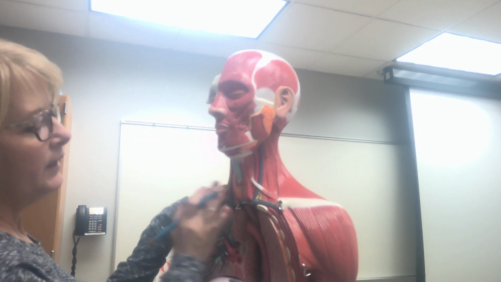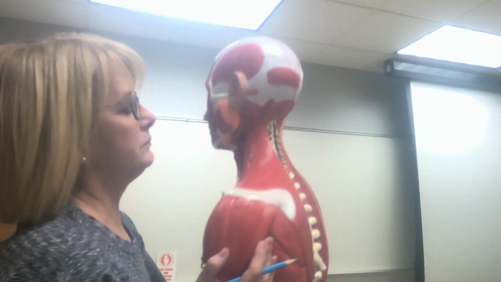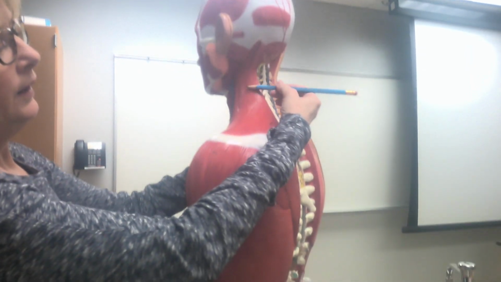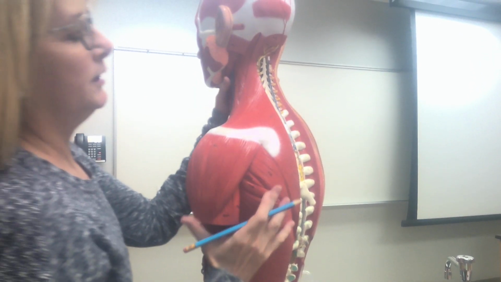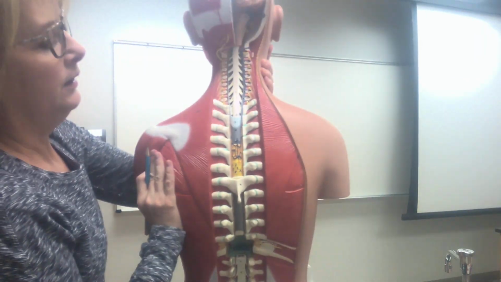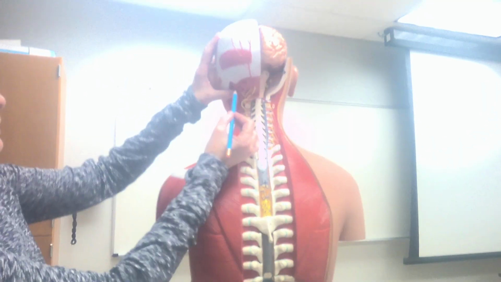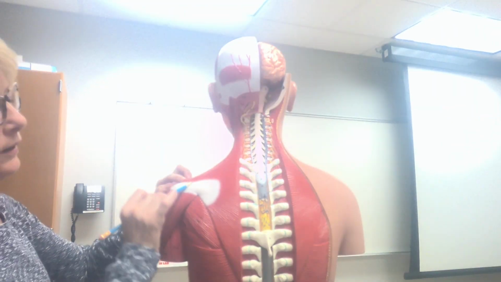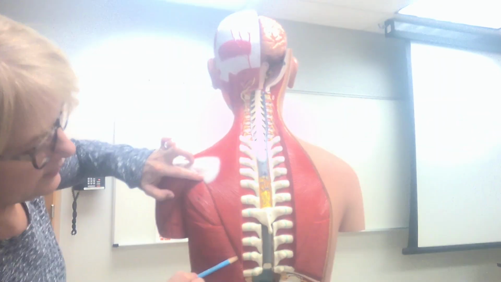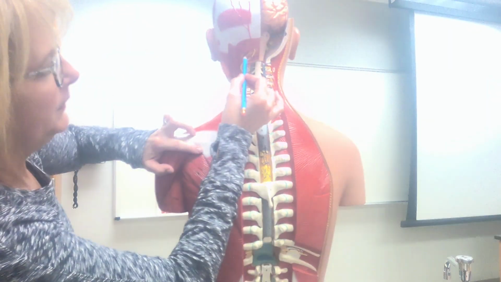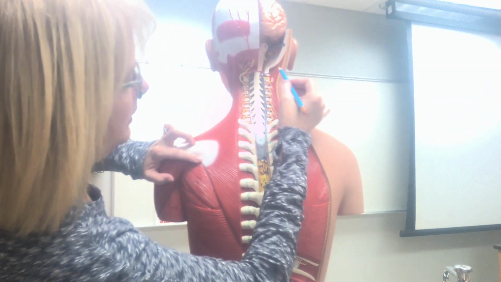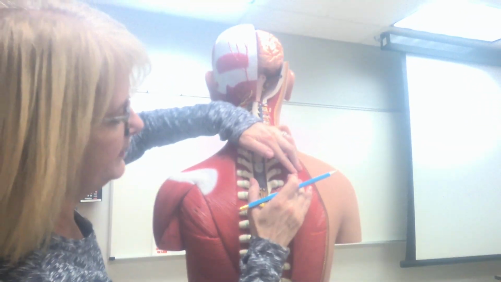Okay, then we have here, this is called the trapezius. So let me turn them around so you can see the trapezius muscle. It starts all the way back here on the occipital bone, comes all the way out, and then this is still the trapezius down here, and then all the way back up. And then you would have it on this side as well. So you have the trapezius here and the trapezius here.